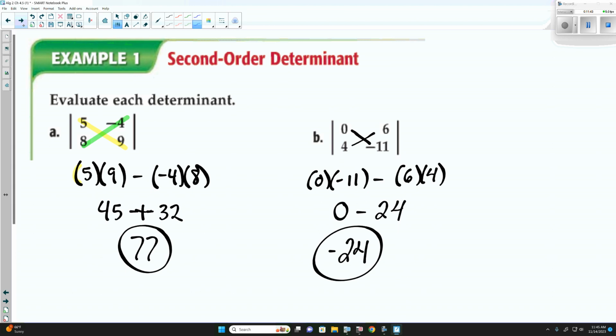Because the 2 by 2s, all we're doing is taking the product of the diagonal going from the left to the right and subtracting from it the product going the other direction, 5 times 9 subtracted from negative 4 times 8, and we get our answer. So that's it.